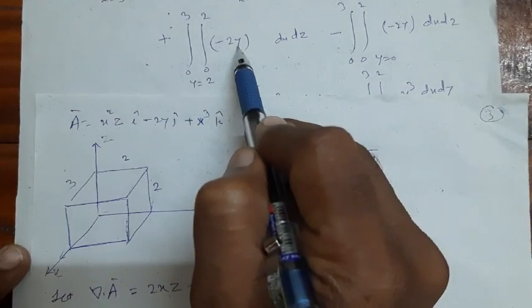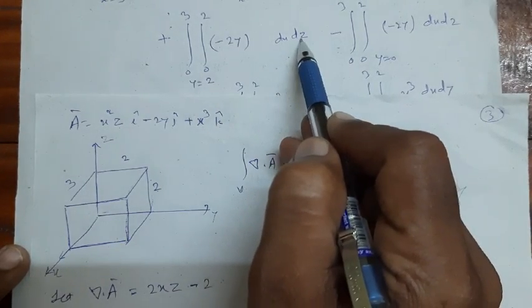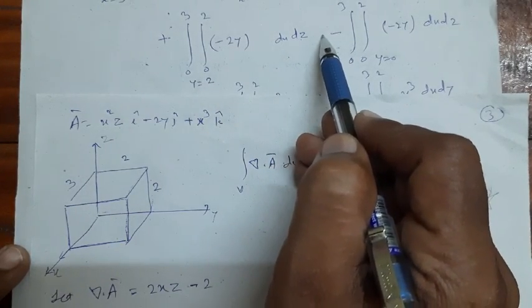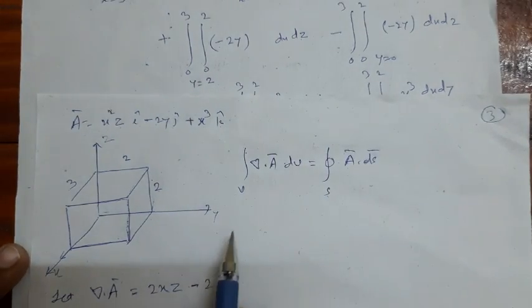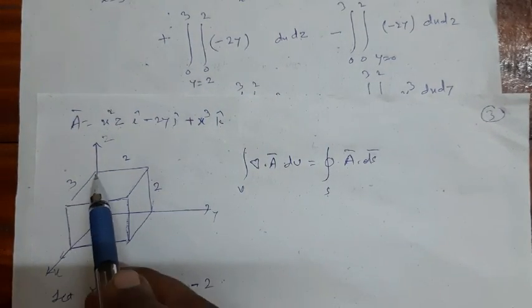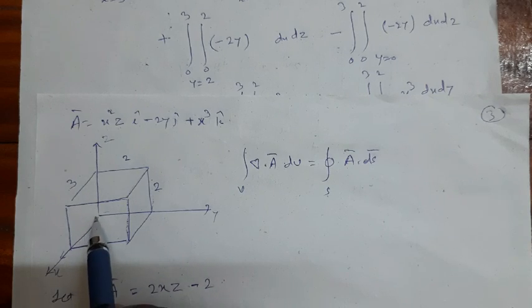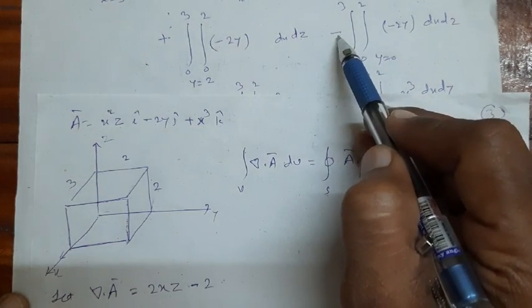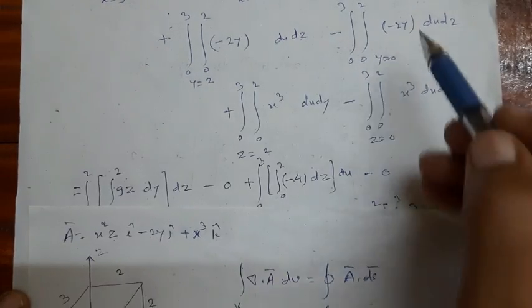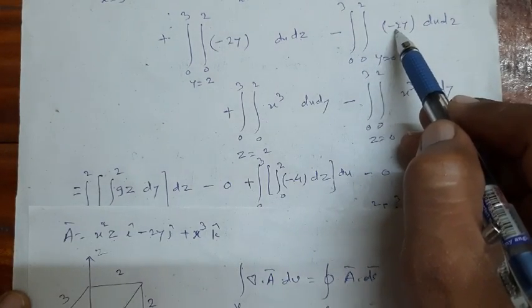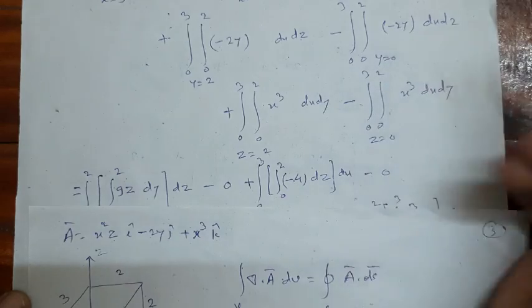Therefore, it is minus 2y dx dz, j cap dot j cap. j cap dot j cap is equal to 1, and therefore it remains as it is. Whereas for the left surface, it is in the xz plane, but it is along the minus j axis, and therefore here I will have to write a minus sign. Then it is the integration of minus 2y dx dz.